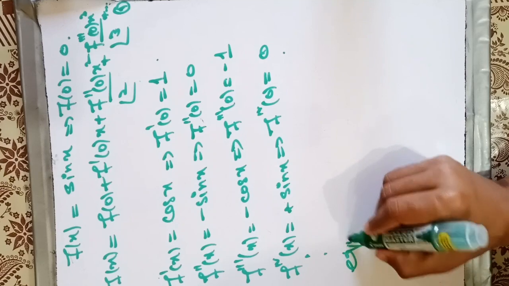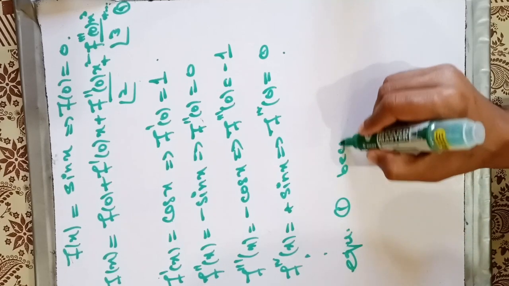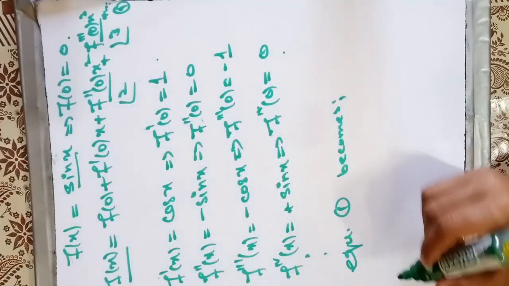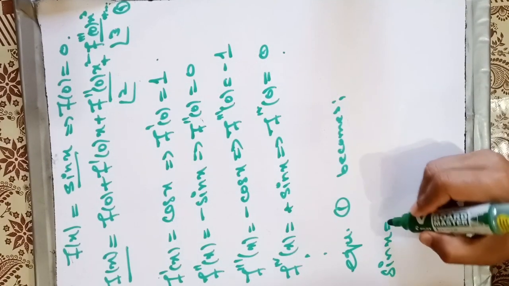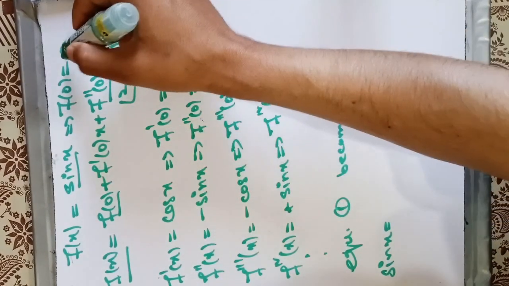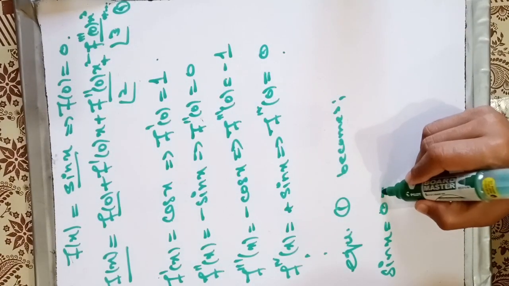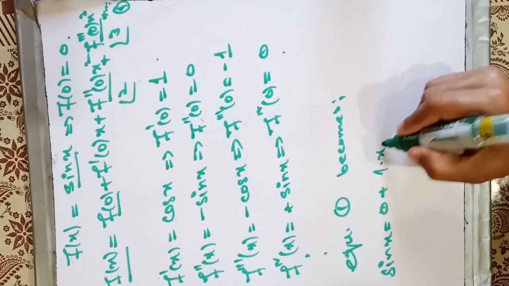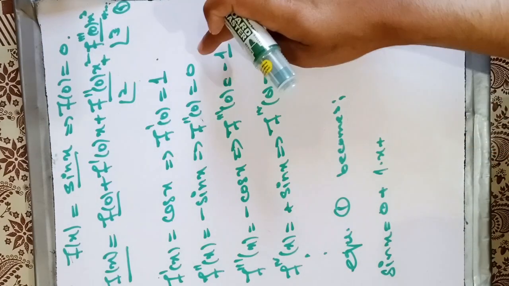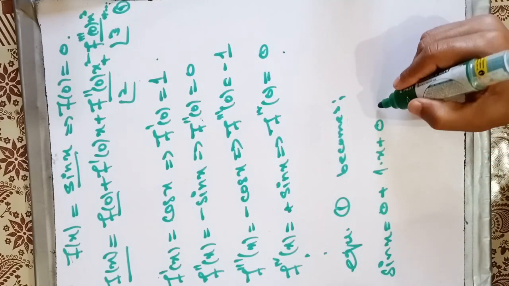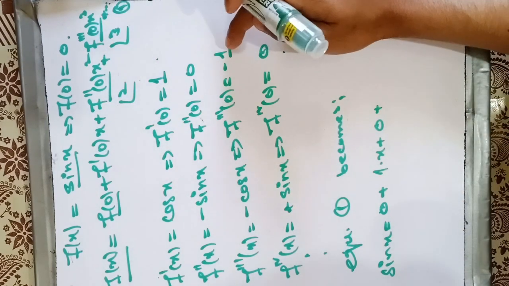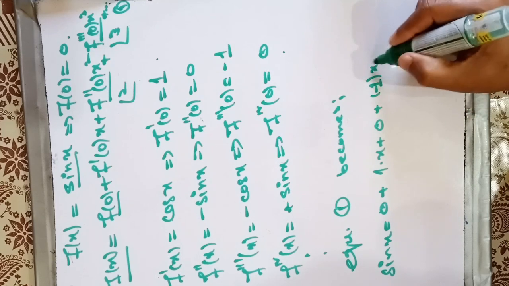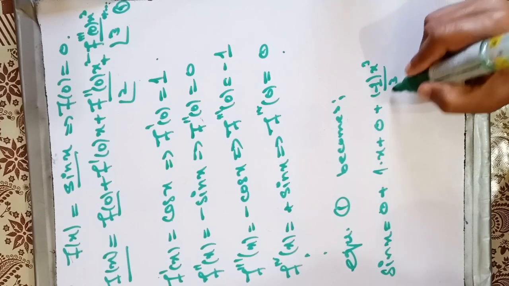So equation 1 becomes: we can put f of x is equal to sin of x, and at 0 the answer is 0, at the first derivative the answer is 1 into x, at the second derivative the answer is 0, and at the third derivative the answer is minus 1, and 3 factorial.